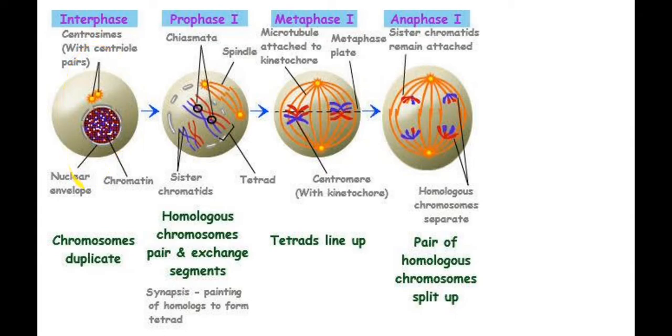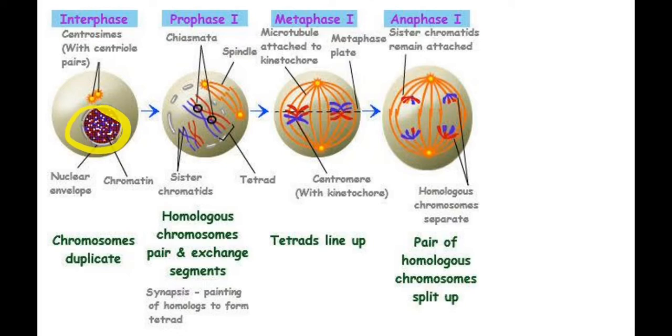During interphase, centrosomes duplicate, and chromatin fibers duplicate, and what we get in difference from mitosis is that the homologous chromosomes pair and produce a tetrad. A tetrad is a couple of two homologous chromosomes, and also every one of these X-shaped chromosomes consists of two sister chromatids.